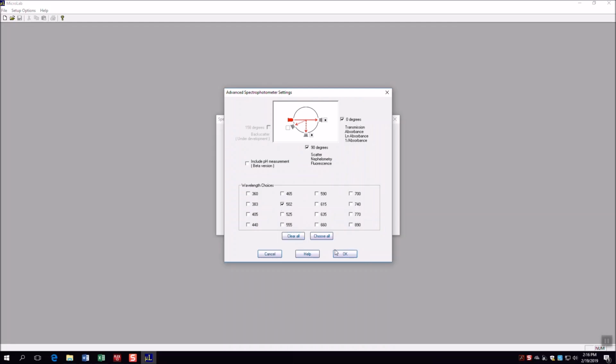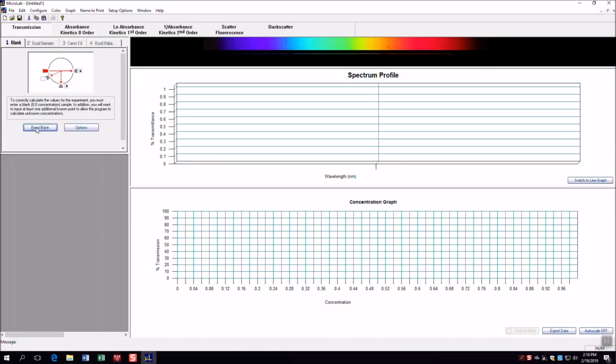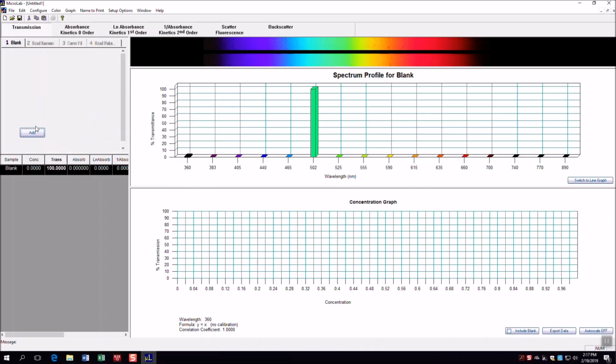I tend to choose the 502, but it doesn't actually matter which one you choose. Then we'll click OK a couple of times and hit Read Blank. Once we hit Read Blank, the blank will go relatively quickly because it's just checking the one measurement, and this is the blank of the 502 of my vial of water that I have in my microlab right now.